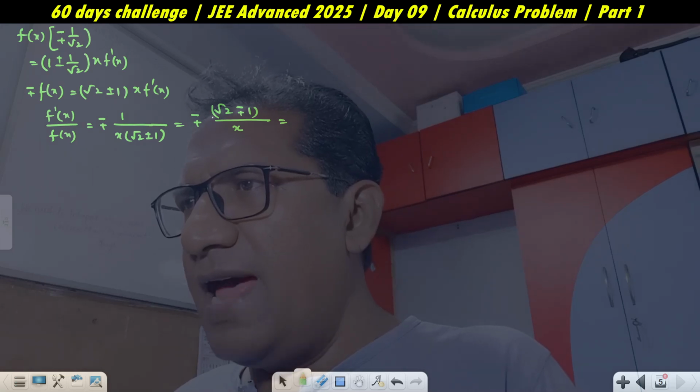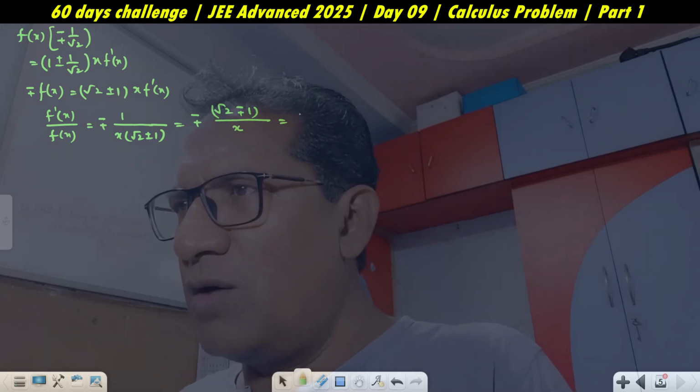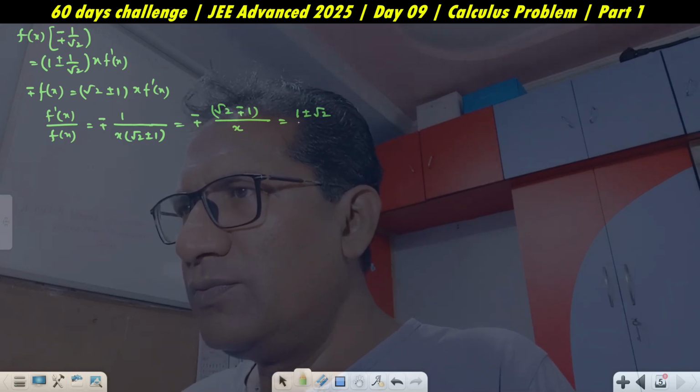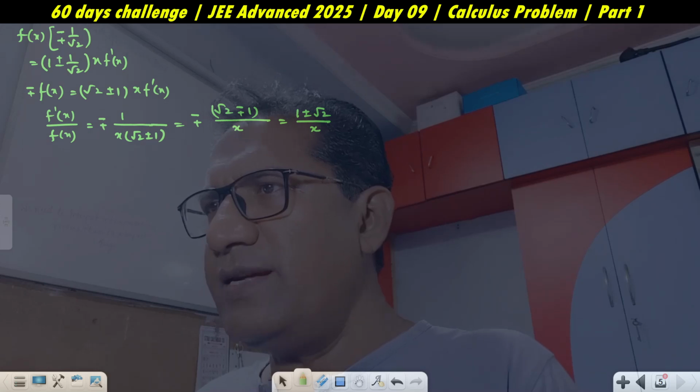And this can be written as, if I take minus plus common, it is going to have 1 plus minus root 2 divided by x, right?